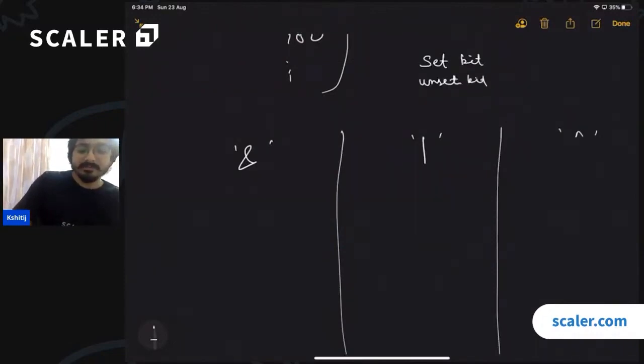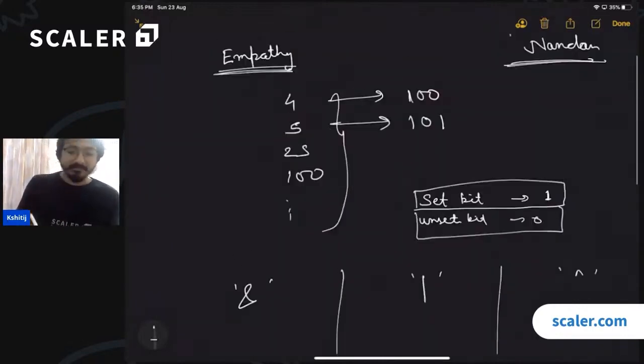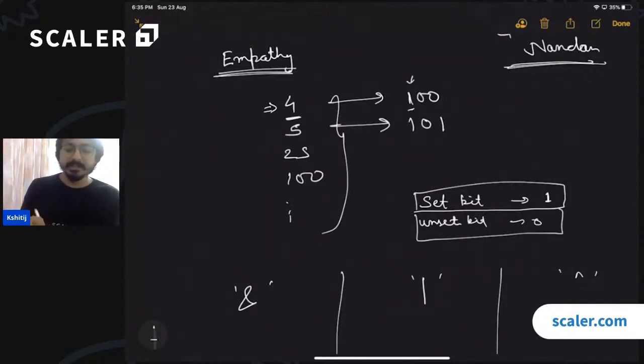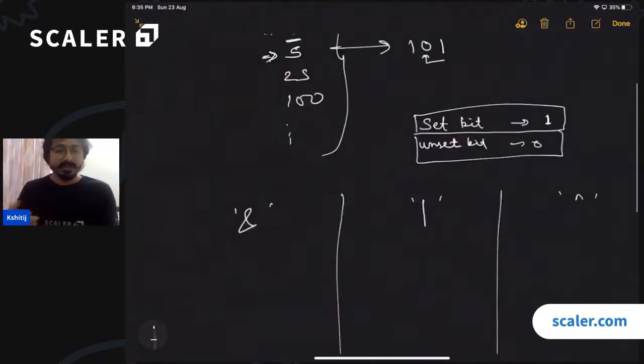Any bit which has a value 1 will be called a set bit in our context, and any bit which has a value 0 will be called an unset bit. If I ask you how many set bits are there in the binary representation of 4, the answer is 1, because there is exactly one set bit. How many unset bits are there in the binary representation of 5? There is exactly one unset bit. These are the basic terms which we will be using again and again.